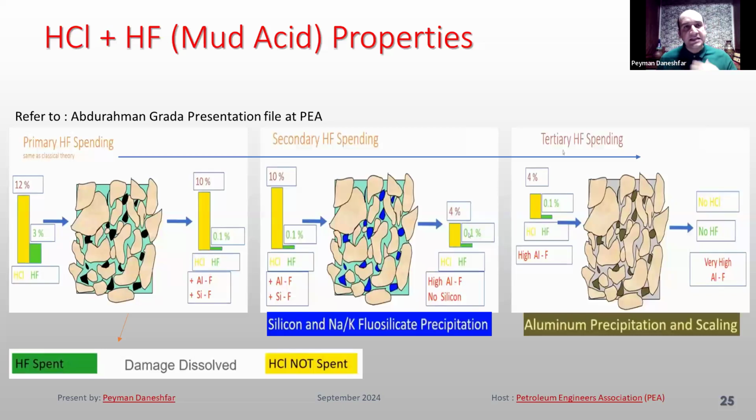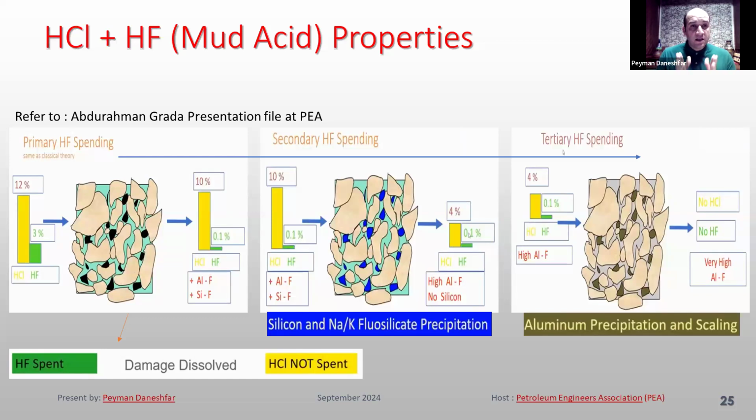After that, in a secondary stage, the remaining HCl will react more, and in a third step, the remainder of the HCl will react with the elements in our sandstone.